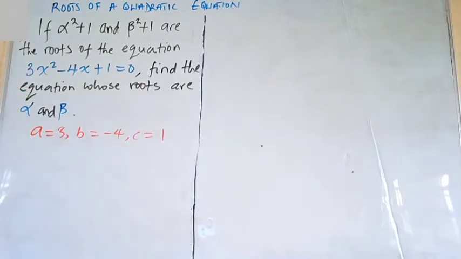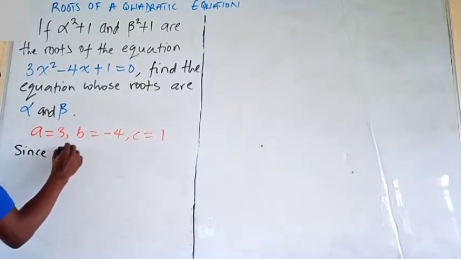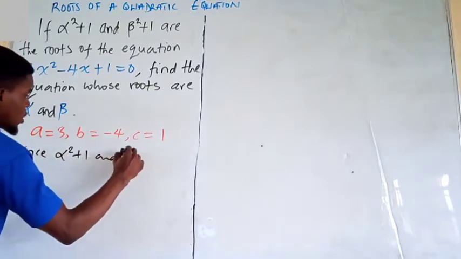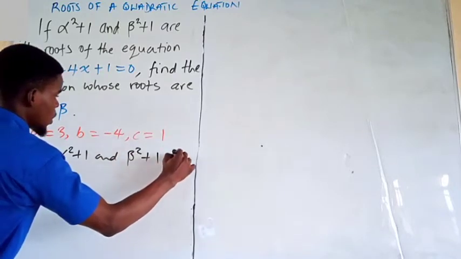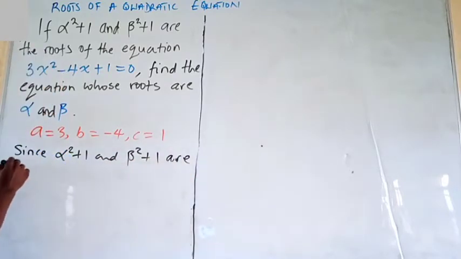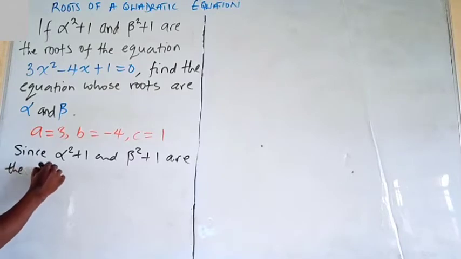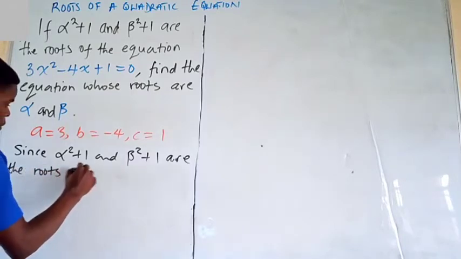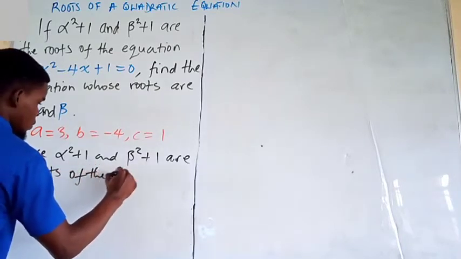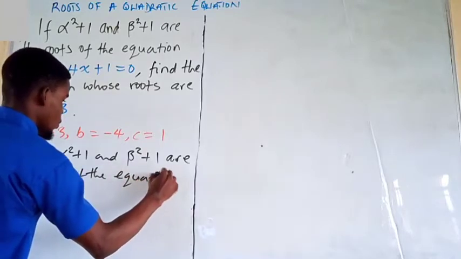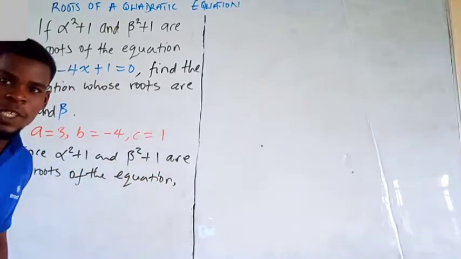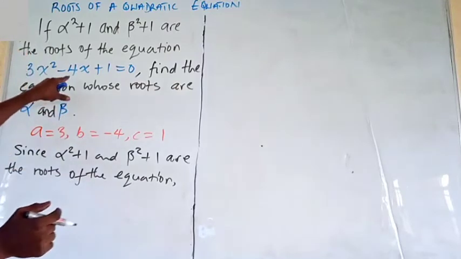Well, since alpha squared plus 1 and beta squared plus 1 are the roots of the equation, it means that the sum of the roots will give us negative b over a.